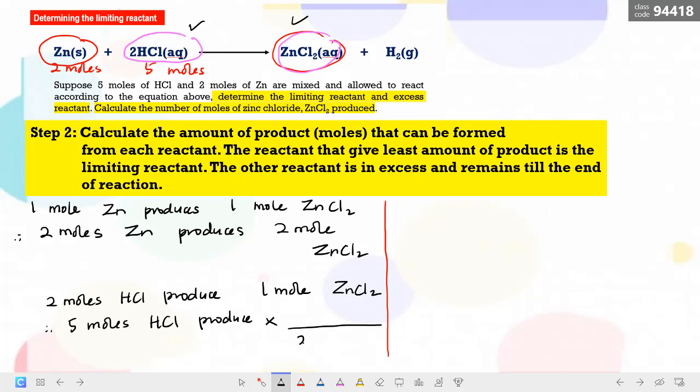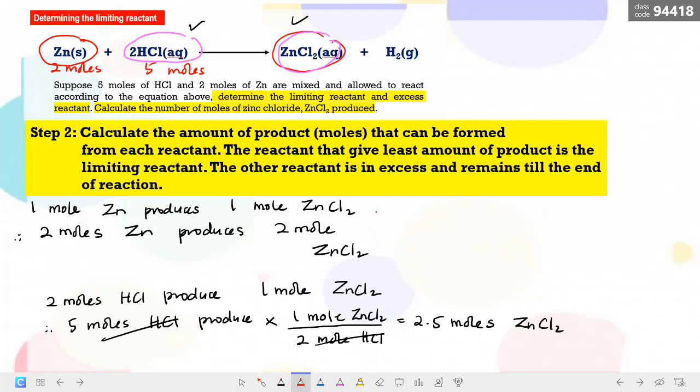So here divide by 2 moles of HCl times 1 mole zinc chloride. Okay, cancel out. So you will get 2.5 moles zinc chloride. Okay, saya buat kat sini.